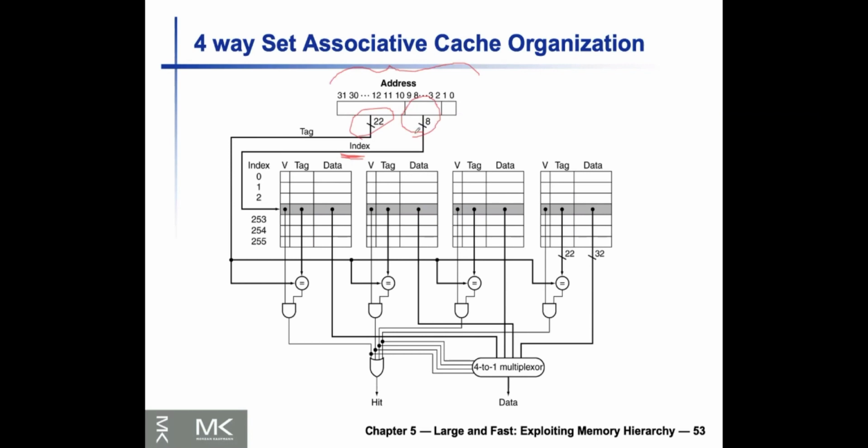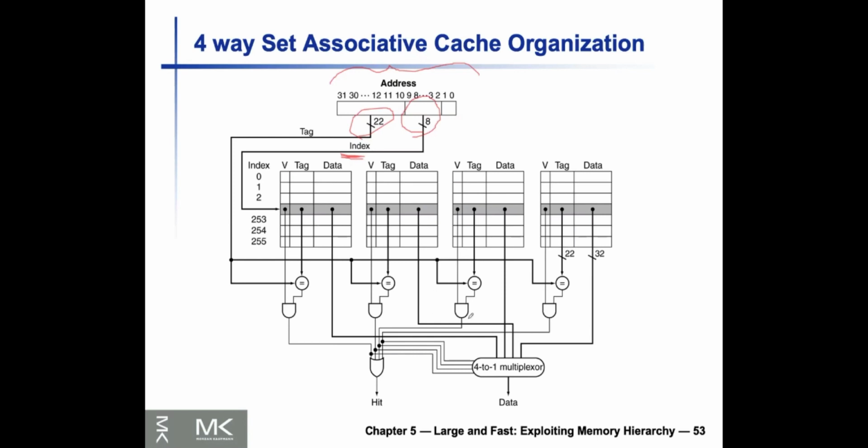All right. So the comparators here, when they're coming down, they're going to decide which element of the selected set matches the tag. Okay. So for instance, this index of 8 is coming here, and then the comparators will decide, right?